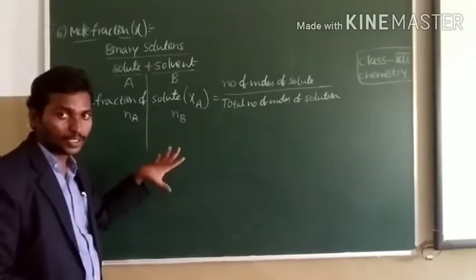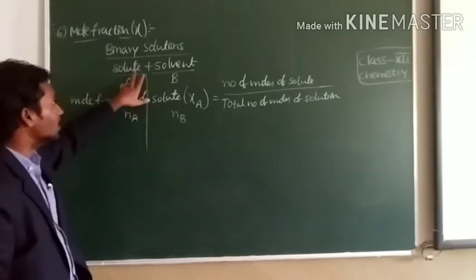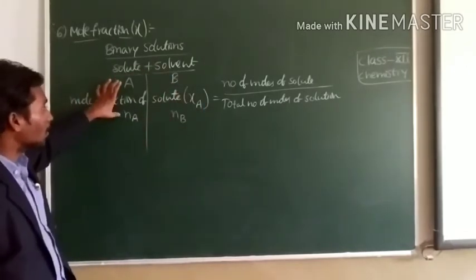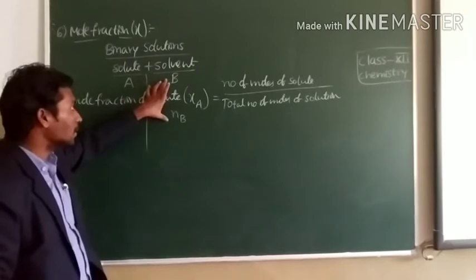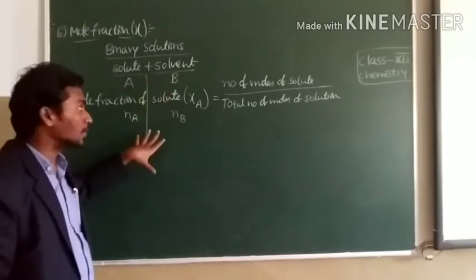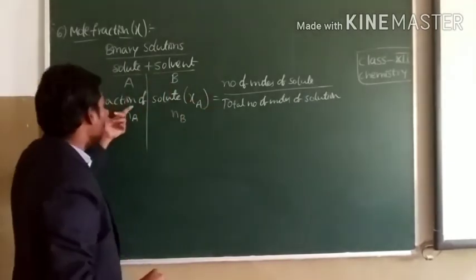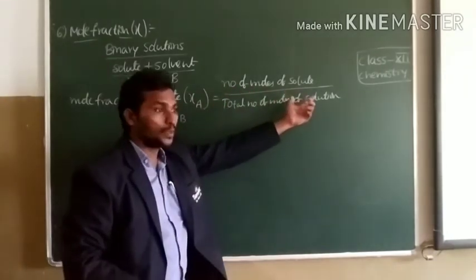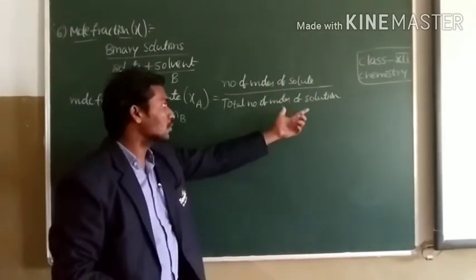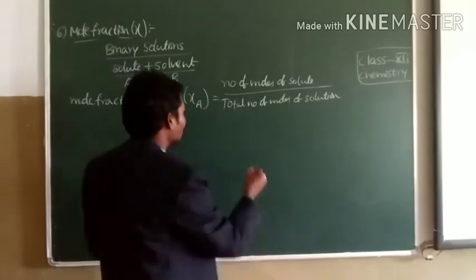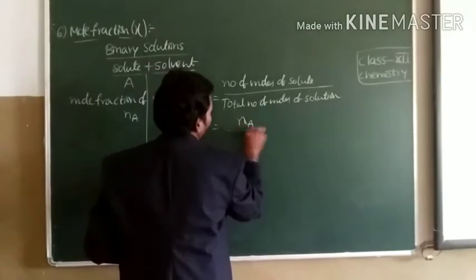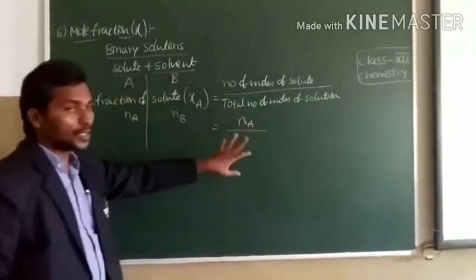I hope you are getting the point. A is solute and B is solvent. Na is number of moles of solute. Nb is number of moles of solvent. Then mole fraction of solute chi A is equal to number of moles of solute by total number of moles of solution, that is equal to Na by total number of moles of solution.